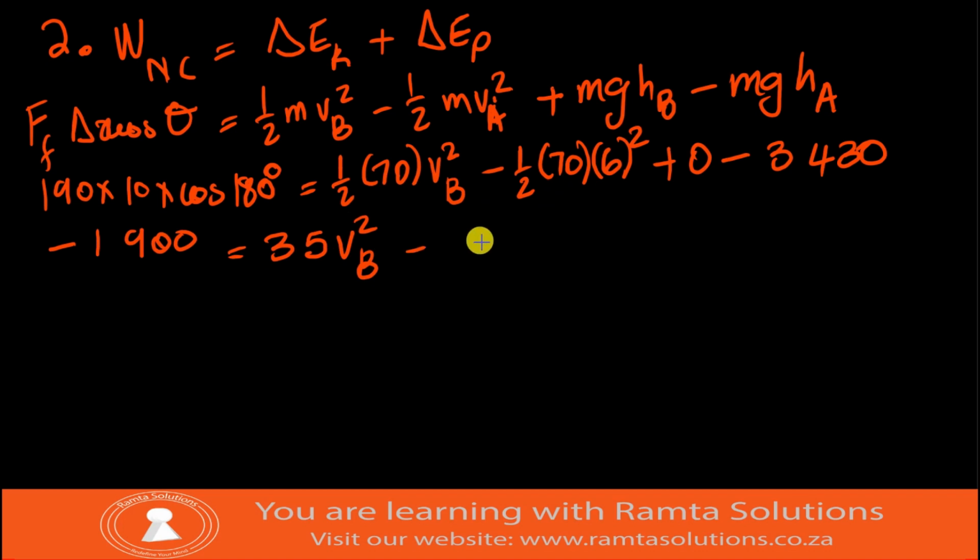This is minus 1,260, minus 3,430. Okay, minus 3,430. So let's see. We have our answer plus 1,260 minus 1,900.